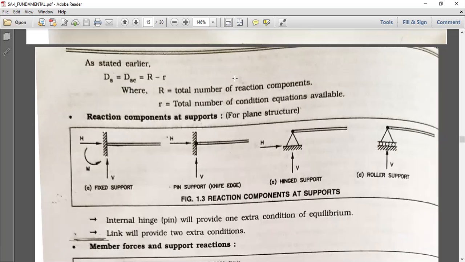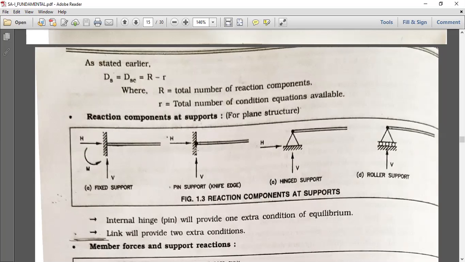We already studied in mechanics of solids the reactions, supports and types of beam. A little glimpse of the reaction components at support are as shown in figure 1.3. First, the fixed support, which reacts horizontally, vertically, and with moment.